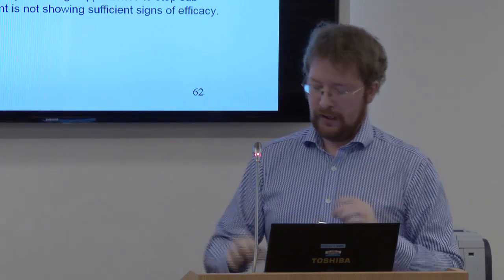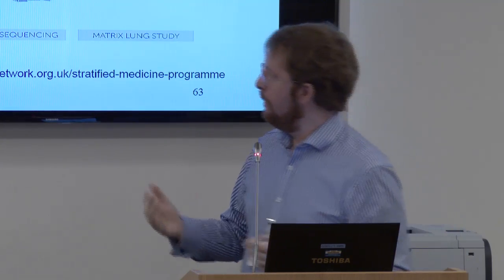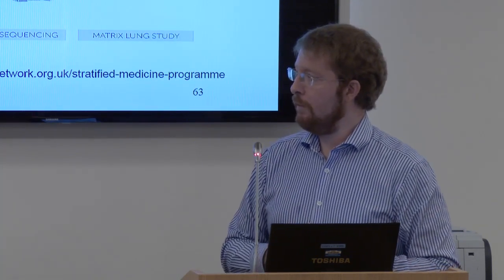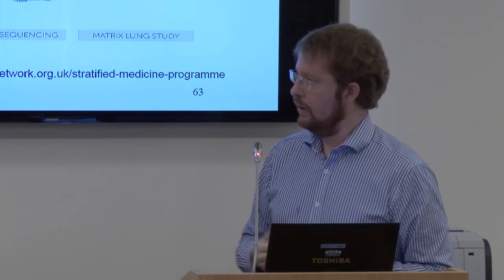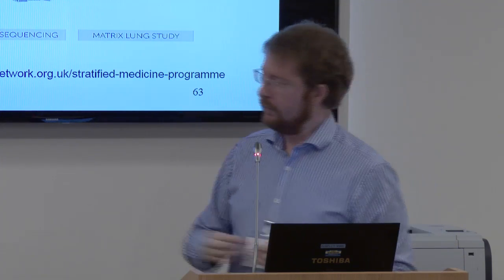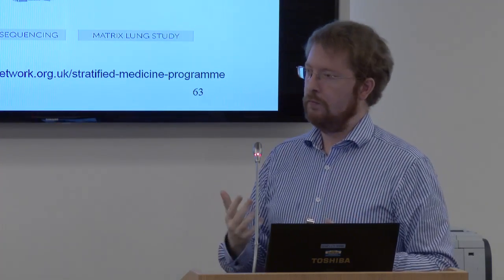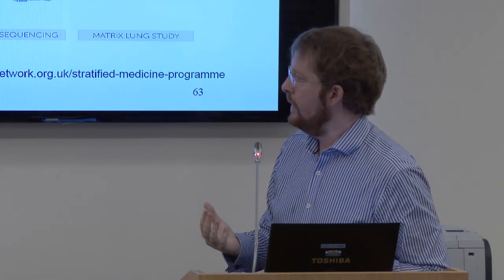And a patient will come along and have their biomarker profile taken. This is from a trial called the National Lung Matrix Trial, which is in lung cancer. So patients will be sequenced, and which mutations their tumour has will be determined.